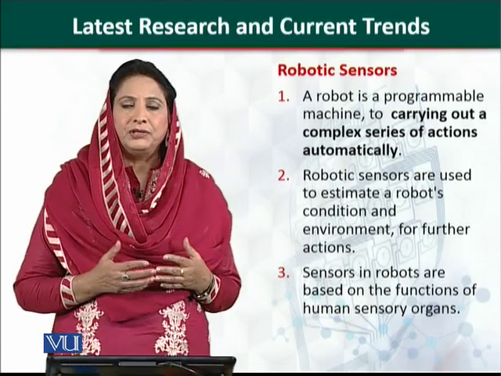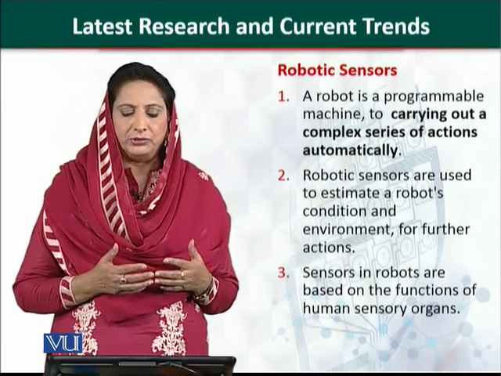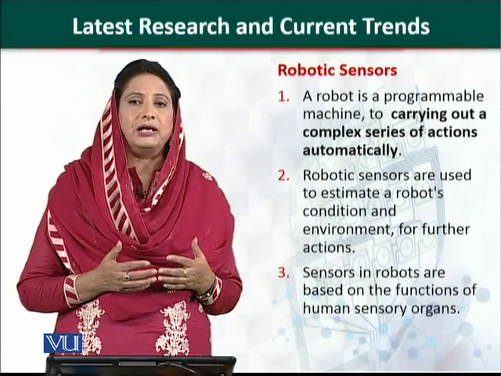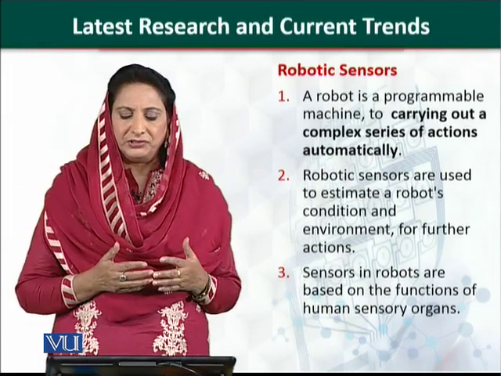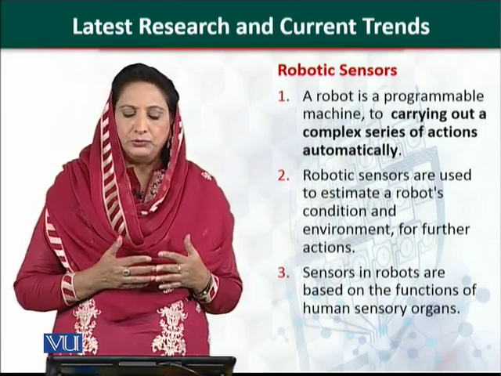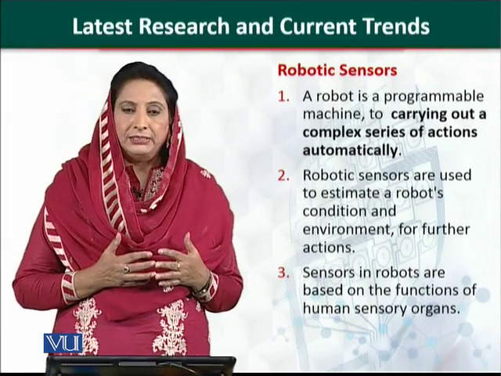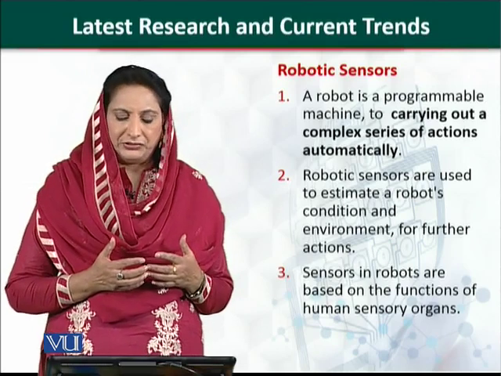Robotic sensors. Robotic sensor is another advancement in the sensor technology. We know that robots are programmable machines and they can perform complex functions automatically once they are programmed. Robot sensors are used to estimate the environment so that they could take further actions.